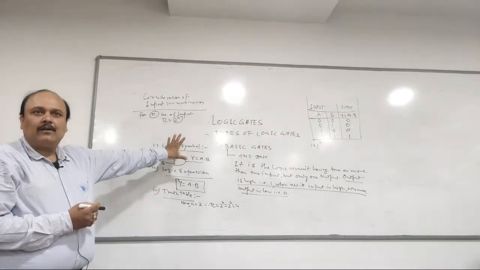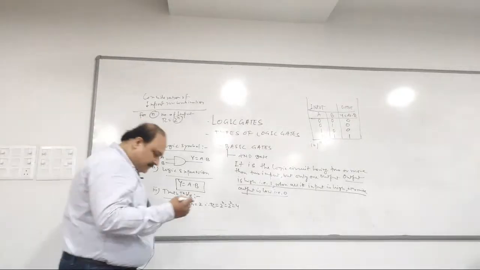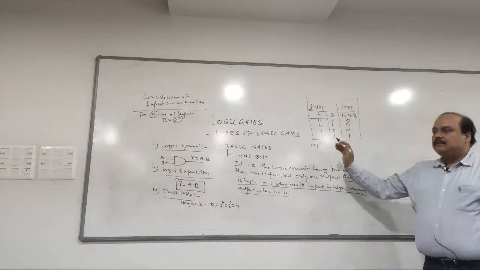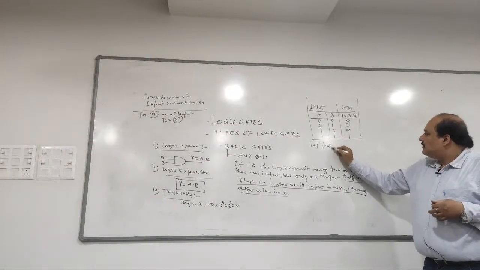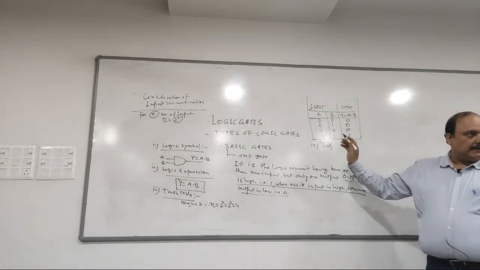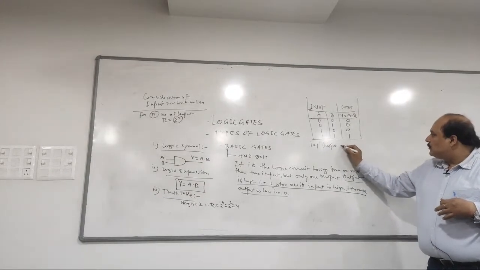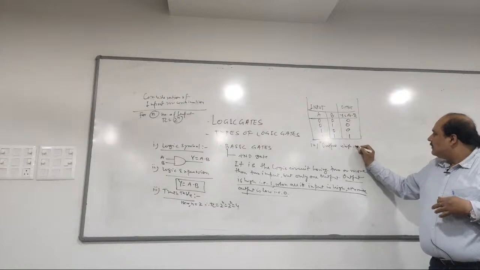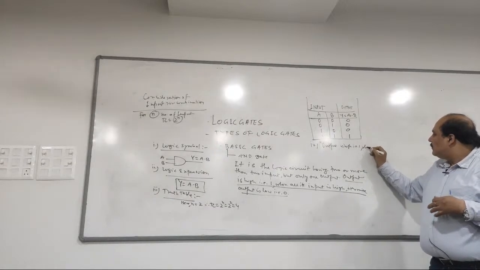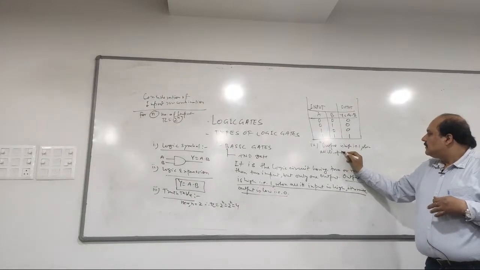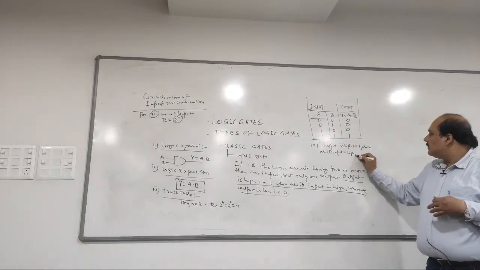Is this one clear or not? Now, let me complete, then I will clear your confusion. Here we mention the output is high when all its inputs are high, otherwise low.